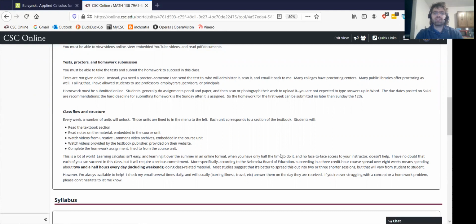The Nebraska Board of Education policy that discusses what a credit hour actually means suggests that if you're going to take a 3-credit hour class in 8 weeks, you should expect to spend at least 2.5 hours of work on it a day, every day, including weekends.